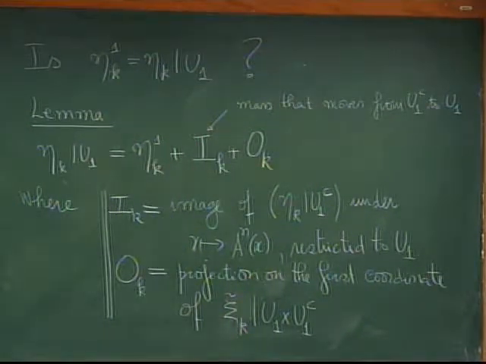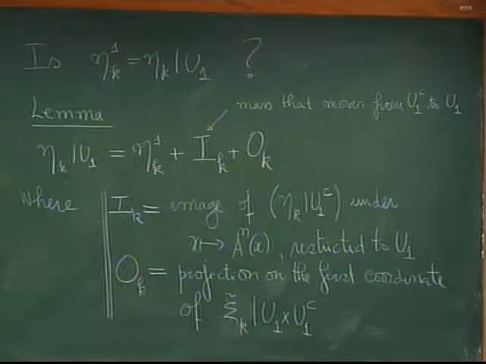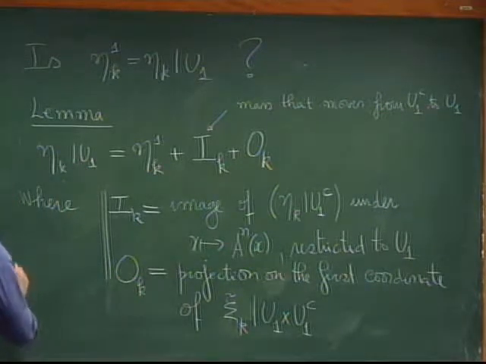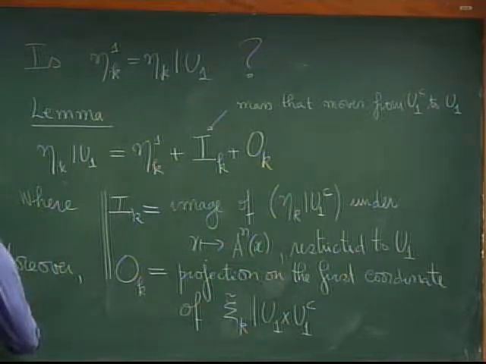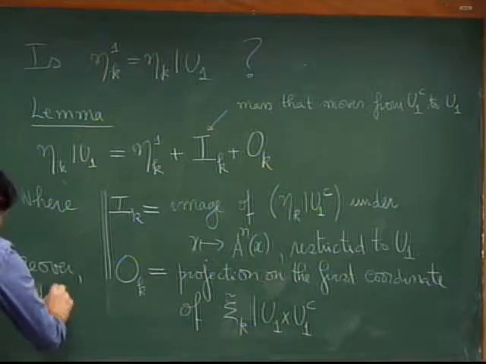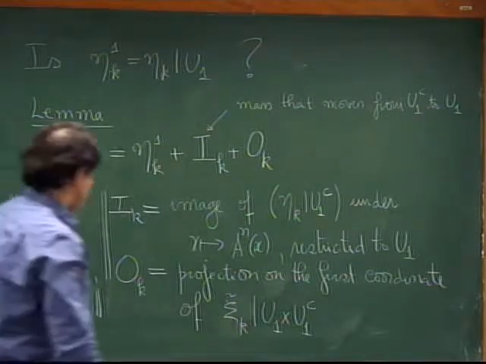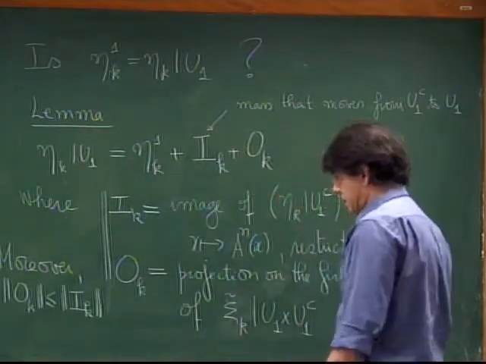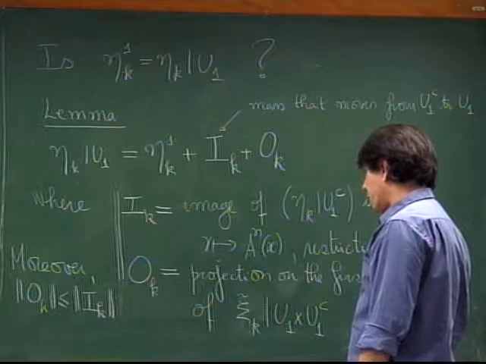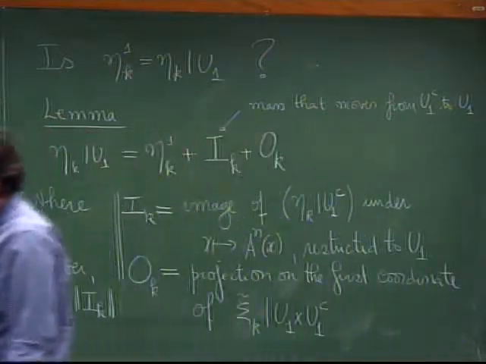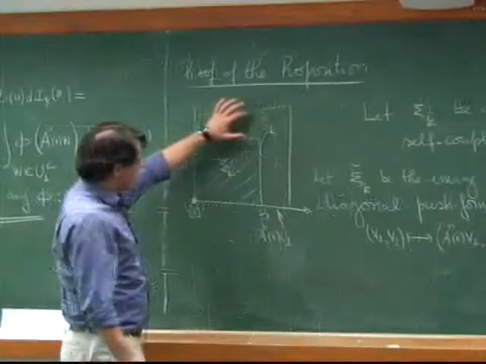Now the lemma also says two things. The lemma also says that the total mass of OK is smaller than the total mass of IK. So the measure that goes outside is actually a little bit smaller than the measure that goes inside. The reason is essentially because I'm only considering this part that goes outside.